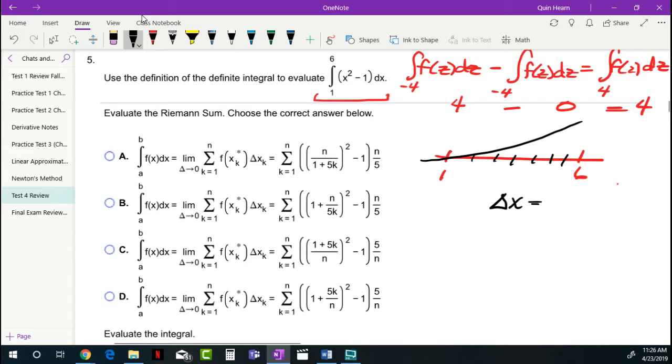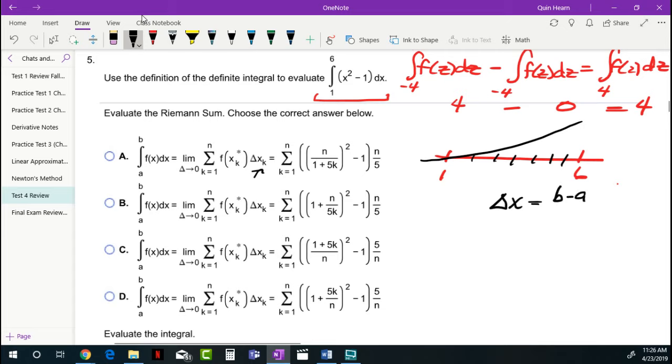Let's check it out. All right, so if we take the interval from 1 to 6, and remember we've got some function up here. Actually, it doesn't look like that because it's x squared minus 1, but in any case, it might be something like this on the interval from 1 to 6. But what we want to do is divide it up into n subintervals.